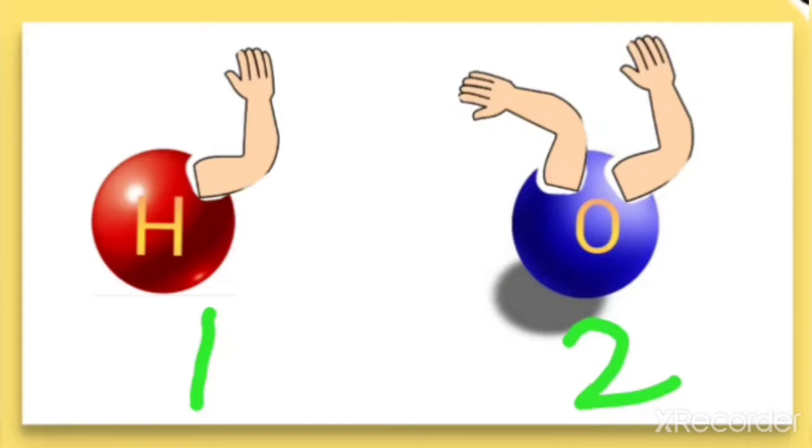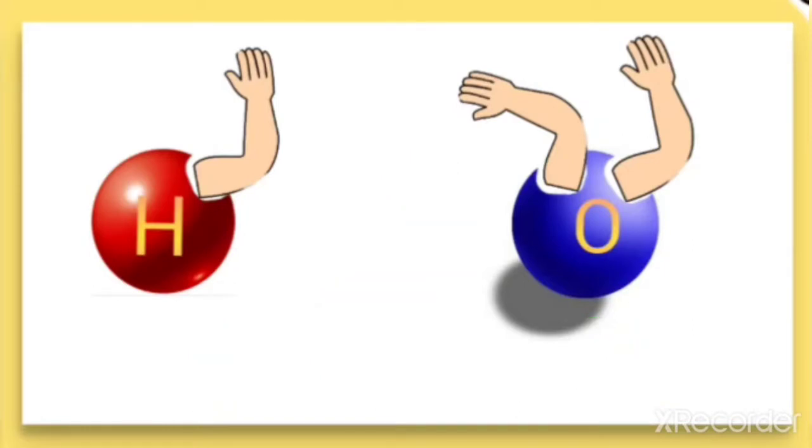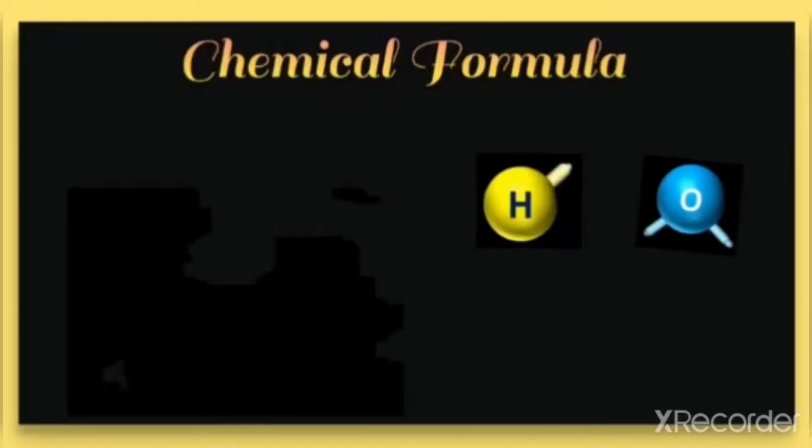Why does hydrogen have a single arm, that is a single valency? Why does oxygen have 2 valency? That explanation will be done in detail in the next chapter. So let us consider there is a single arm for hydrogen and 2 arms for oxygen.